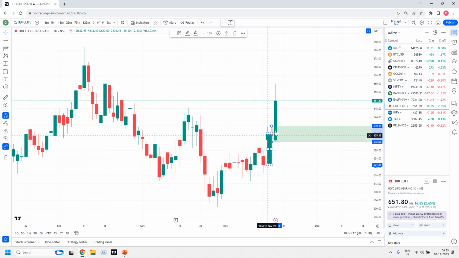So it is a rally-base-rally. At one stage, we might have thought this is a base candle. But actually, this is not a base candle the moment you consider this entire gap.